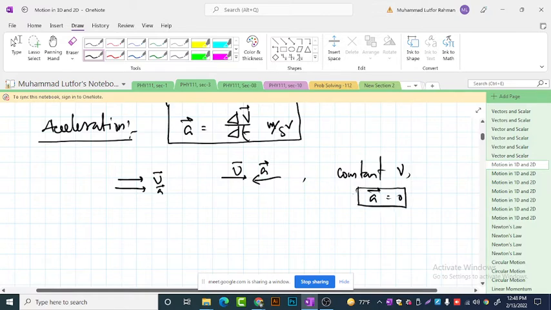If a particle or the car moves at a constant velocity, then its acceleration would be 0, because acceleration we define as del v, the change of velocity, initial and final. If it moves at velocity v1 at the first time and v2 at the second time, and these two must be equal since it's moving at a constant velocity, then definitely the difference del v would be 0. So that's why your acceleration would be 0 if a particle or a car moves at a constant velocity.